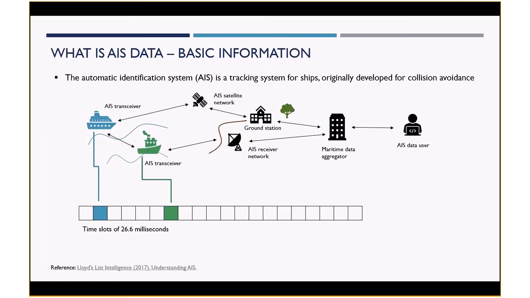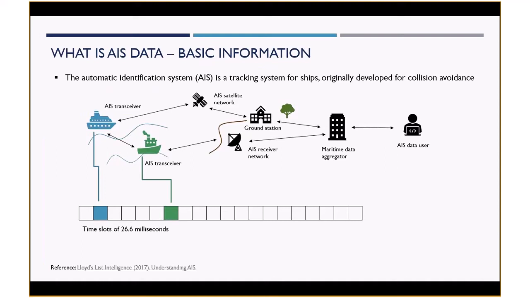But just as a small reminder, what is AIS data in general? The International Maritime Organization developed the automatic identification system as a tracking system for ships, originally developed for collision avoidance. So the idea was to have a safer space in the maritime regions.